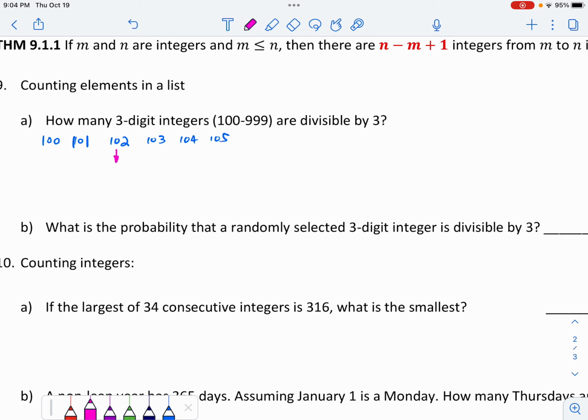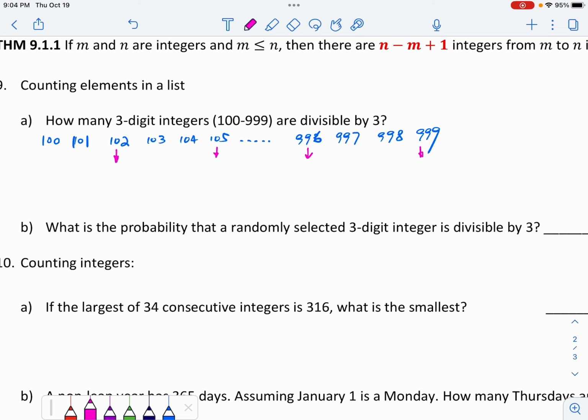This will be the second integer that's divisible by 3, and so on and so forth. And of course at the end, 996, 997, 998, 999. I know 996 is divisible by 3, and 999 is also divisible by 3. Now, how many are there?